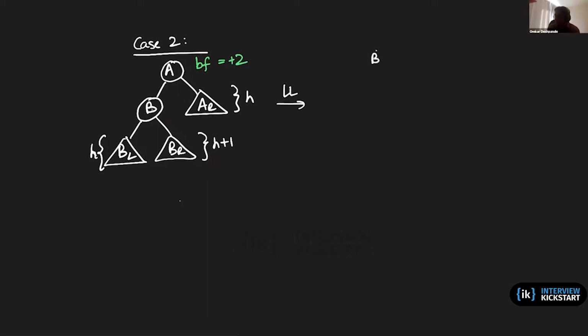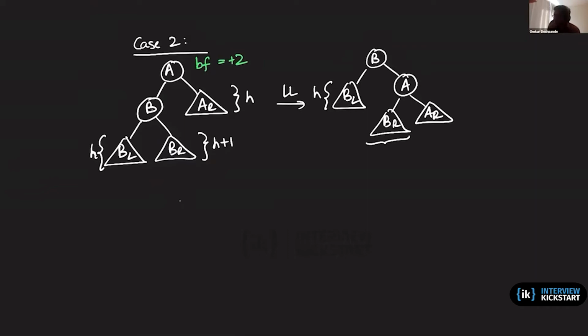If we do an LL rotation, we'll do B here, we'll put A there, we'll put AR there. B sub L continues to be on the left, and B sub R comes here as before. But this time the height labels are H here, B sub R is H plus 1, A sub R is H. So when we compute balance factor at B, it's H on the left side.